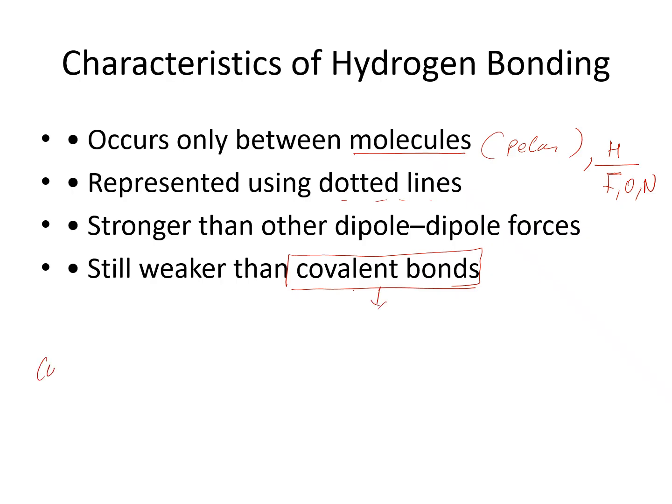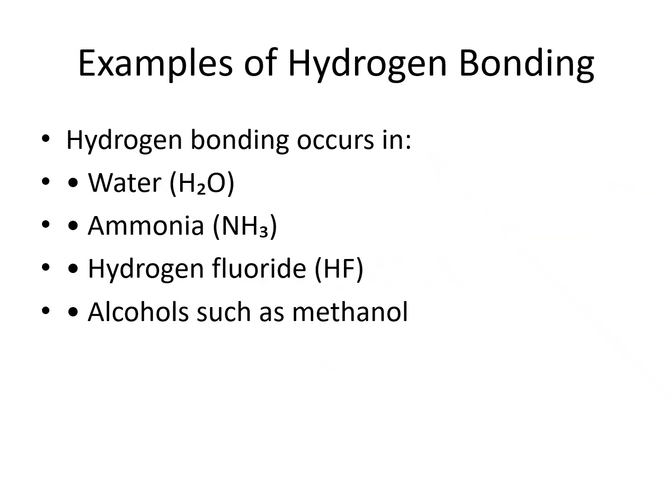So what will be the order now? Covalent bond, then hydrogen bonding, then dipole-dipole, and then dispersion. All right, so this will be your order. Examples of hydrogen bonding, if you are asked to write that, you will say water, ammonia, hydrogen fluoride, alcohols. Why alcohols? Because in alcohols you have an O-H bond.